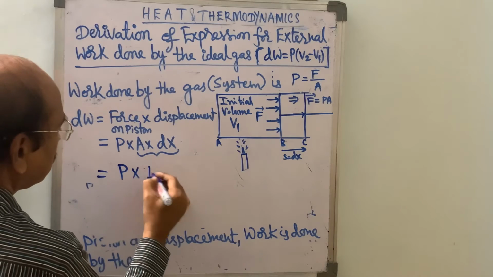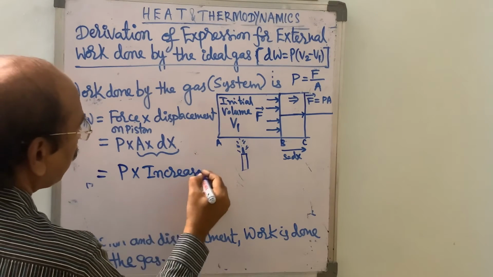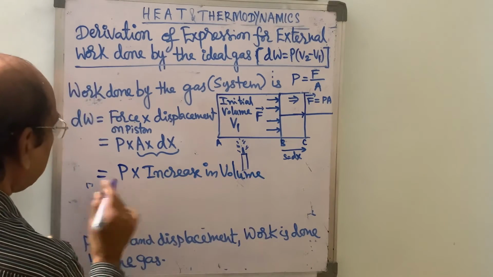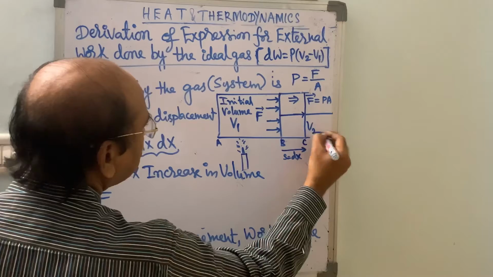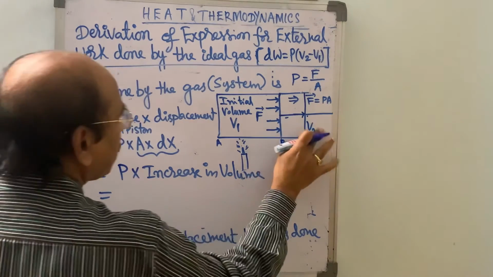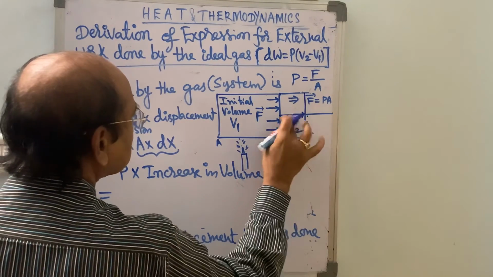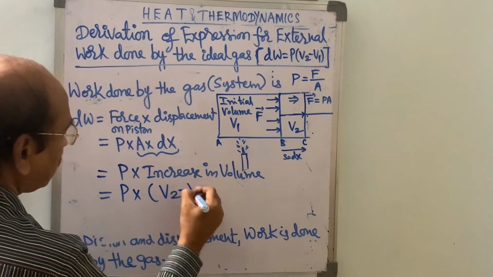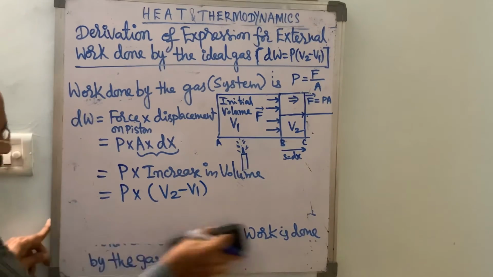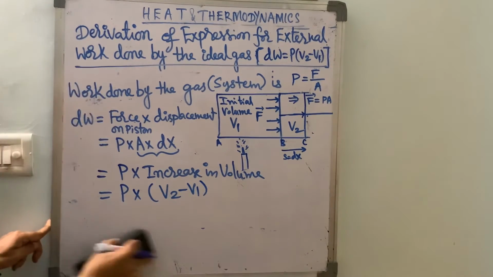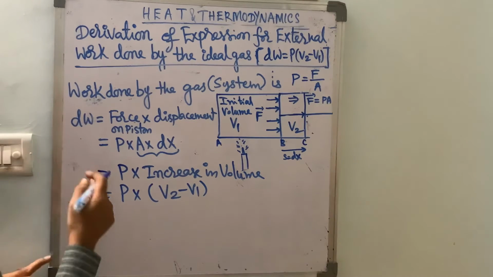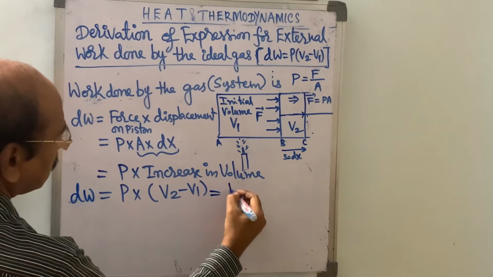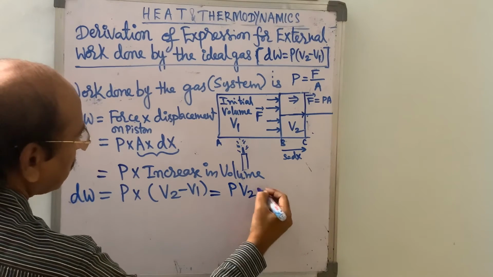Therefore, P into increase in volume, or P into V2 minus V1, when volume changes from V1 to V2. So, external work done by the gas is dW equal to PV2 minus PV1.